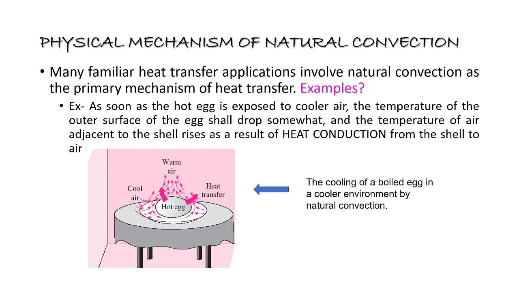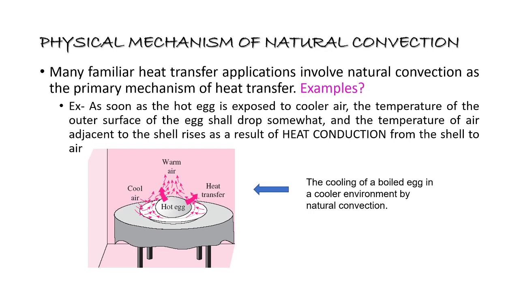We may not notice any air motion in the vicinity of the egg, but careful measurement would indicate otherwise. The temperature of the air adjacent to the egg is higher and thus its density is lower, since at constant pressure the density of gas is inversely proportional to its temperature.